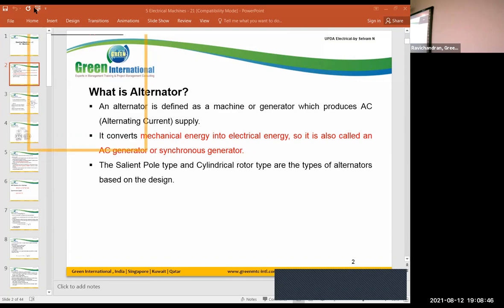As I told, the number of days is 30 days or 26 days. Per month we have 30 days, and everyone should know that. We have one question where we need to find the capacity of the battery cell, solar cell.